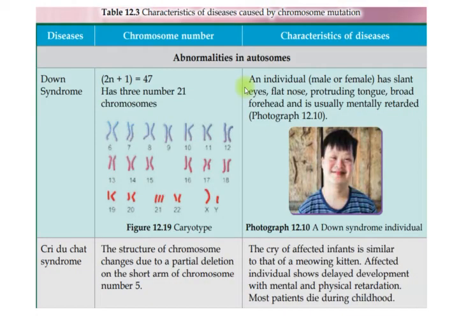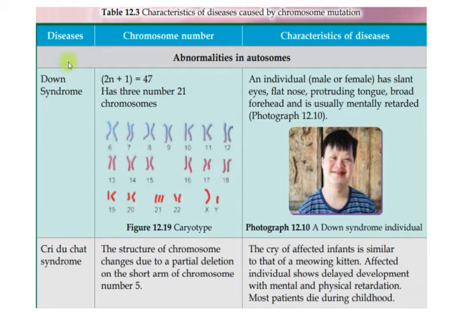Let's take a look at the characteristics of diseases caused by chromosome mutation. An example here is Down syndrome, which refers to abnormalities in the autosomes. What happens in Down syndrome?